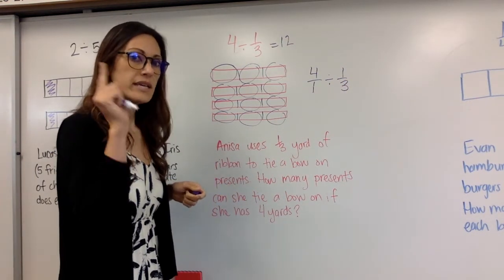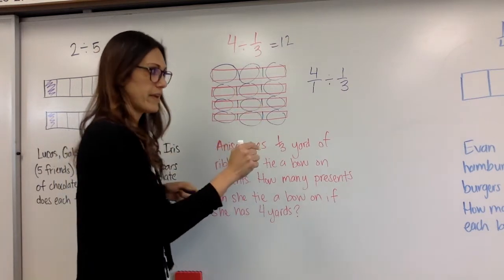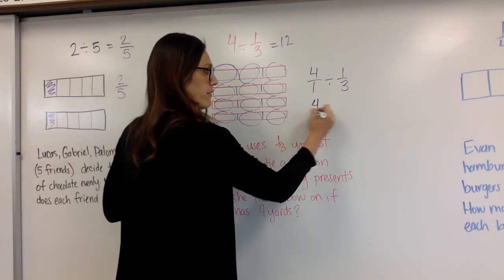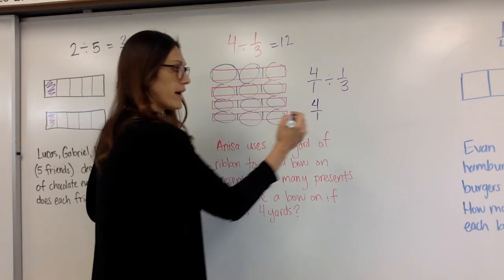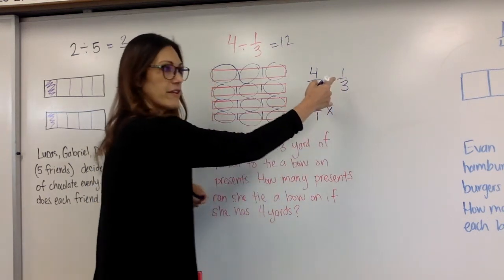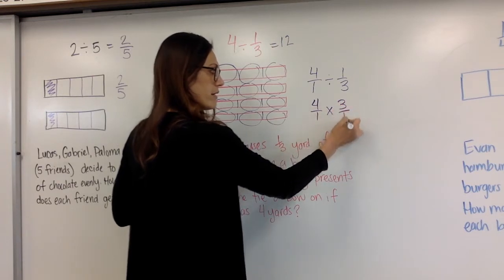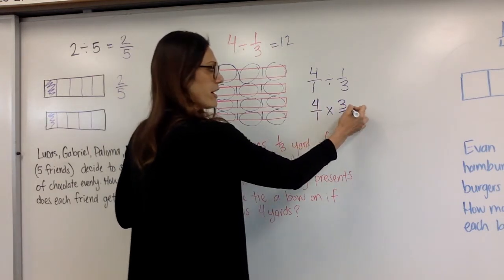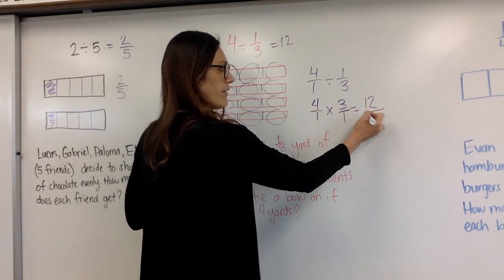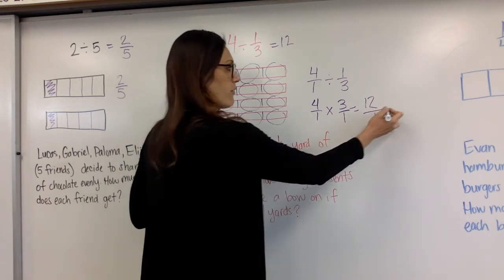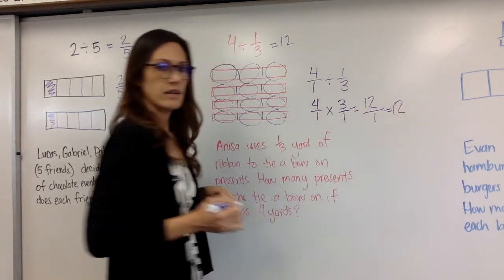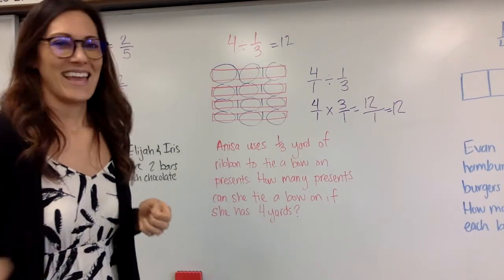And then I'm going to use keep, change, flip. So I'm going to keep the first one, 4 over 1, change divide to multiply, and then flip, or find the reciprocal of 1/3, which is 3 over 1. And then I just multiply straight across. 4 times 3 is 12 over 1. And 12 over 1 is the same as 12.